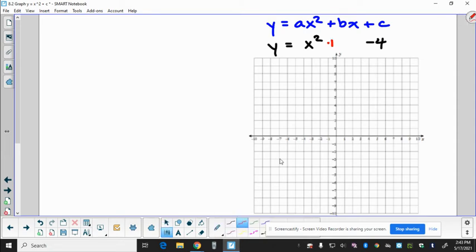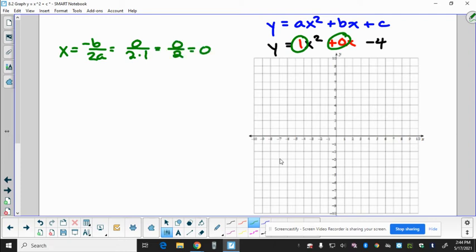So there's like a 0 fraction, a is 1. So here we go. Let's get our line of symmetry. Here's b, it's 0. A is 1. And that's 0 again. We've seen a lot of that, and there's a reason for that, the way the equation's set up.